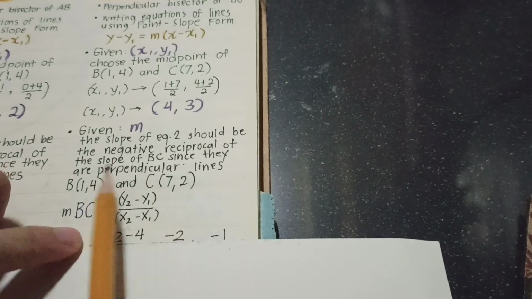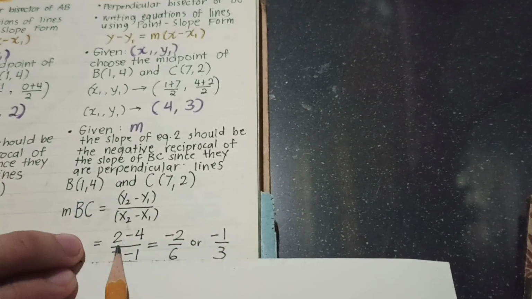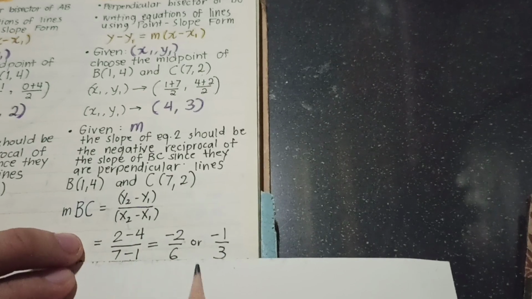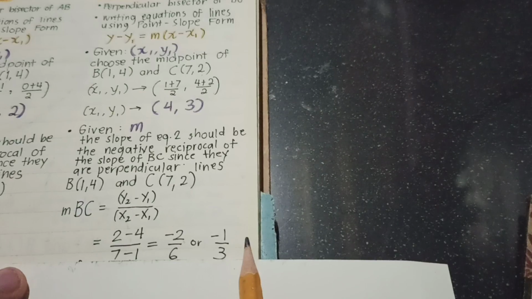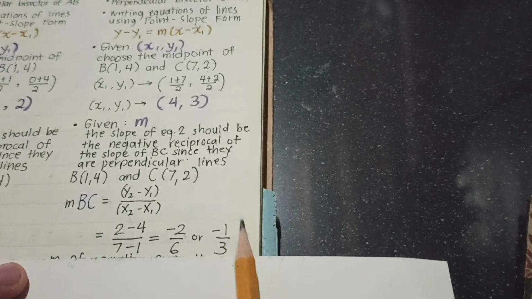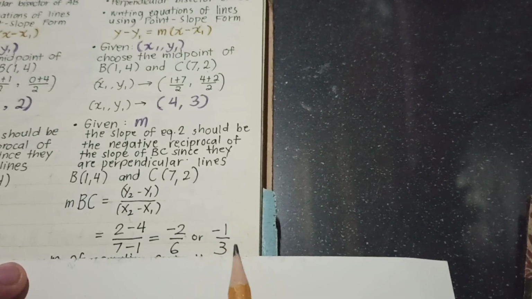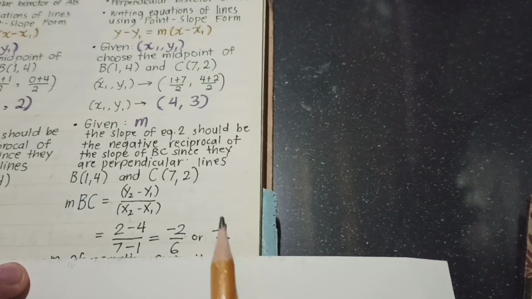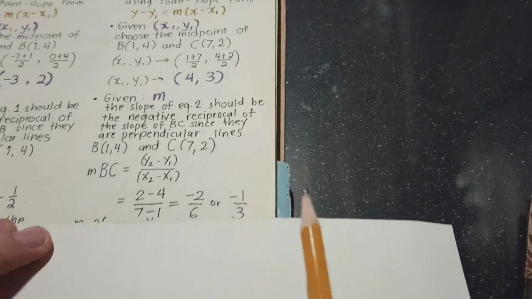Change in x, 7 minus 1. So, it should be 2 minus 4, negative 2, 7 minus 1 is 6. The simplest form is negative 1 over 3. Taking the reciprocal of negative 1 over 3 is 3 over negative 1, or simply negative 3. And then take the negative of that, negative of negative 3.